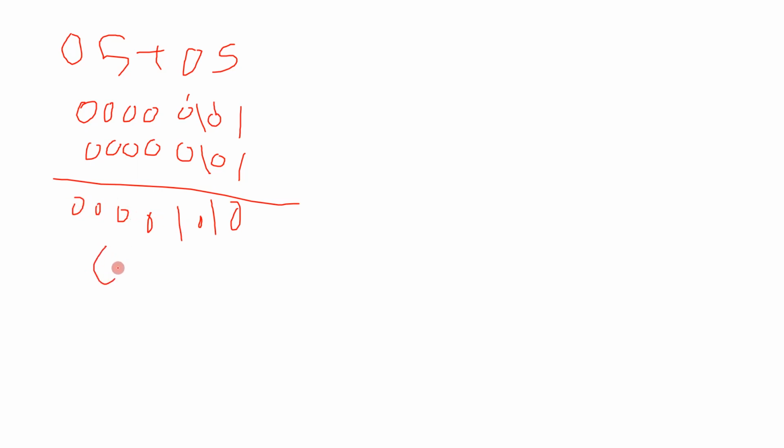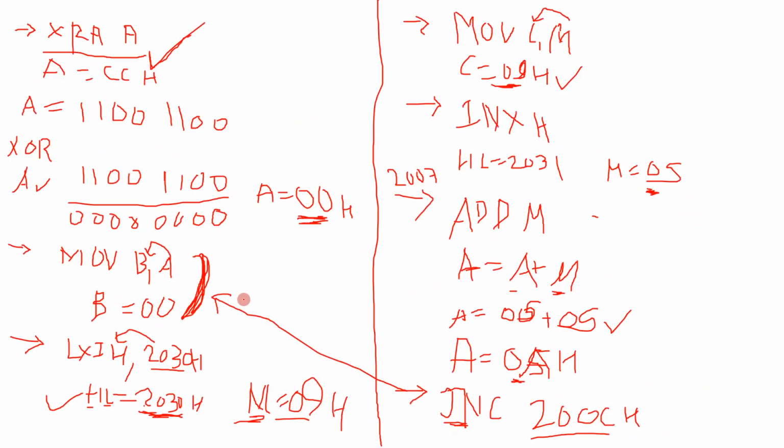So these 4 bits will give us 0, and 8 plus 2 is 10. 10 in hexadecimal is what? A. So 0A. That's why the answer which we will get is 0A.